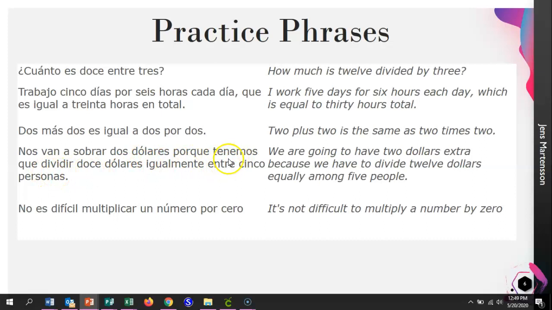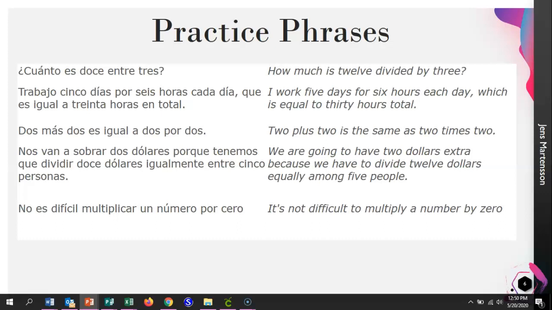And then we have here dividir 12, which is 12. Equally, igualmente. Entre, we know that that is divided into, right? 5. So this translates into, we are going to have $2 extra because we have to divide $12 equally among 5 people.